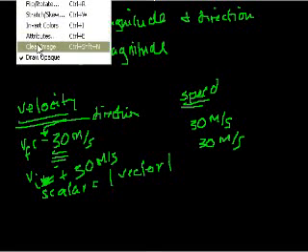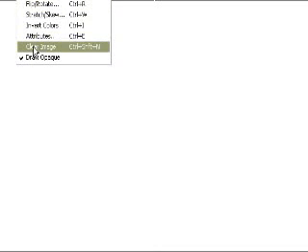So let me clear this. Let me give an example where I take a green ball, clearly a green ball, and I throw it at 10 meters per second, but I don't throw it straight up.